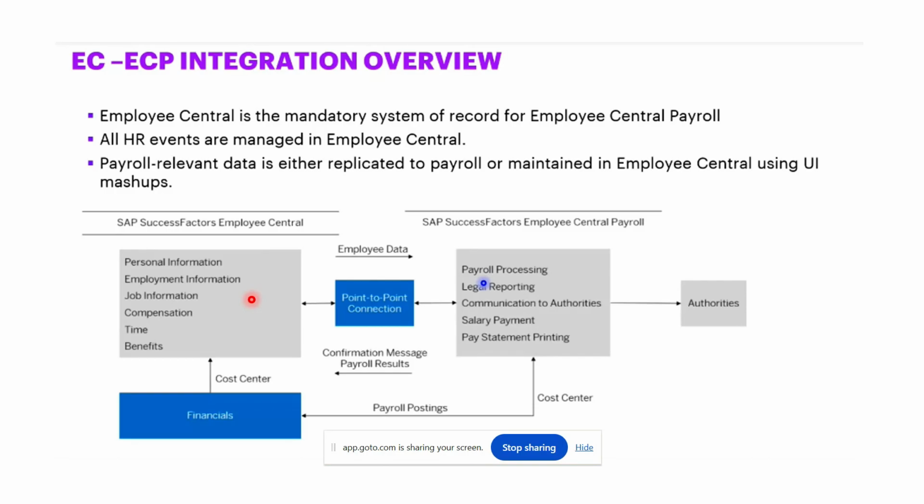In India, for income tax, we have a similar integration, and in EC payroll, as in SAP HCM payroll, we configure the country-specific payroll configuration for Indian income tax. So that was all your communication to authorities, remittances. You go to different integrations after payroll for all the different remittances.